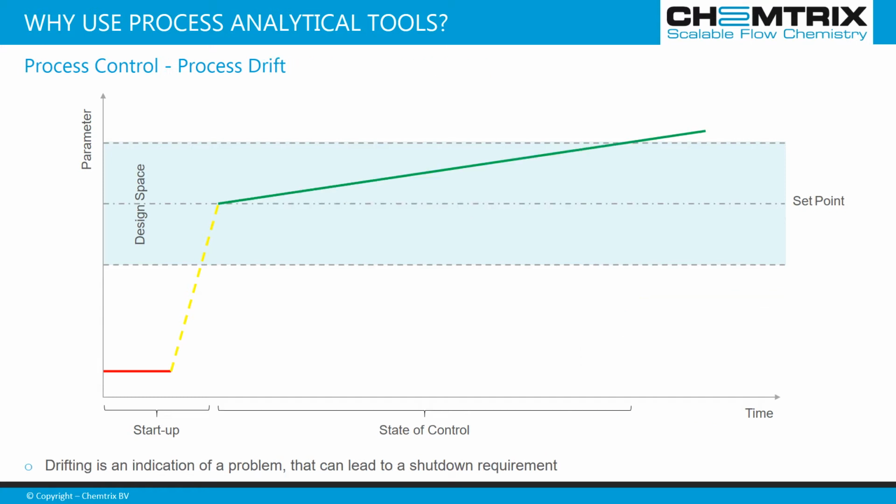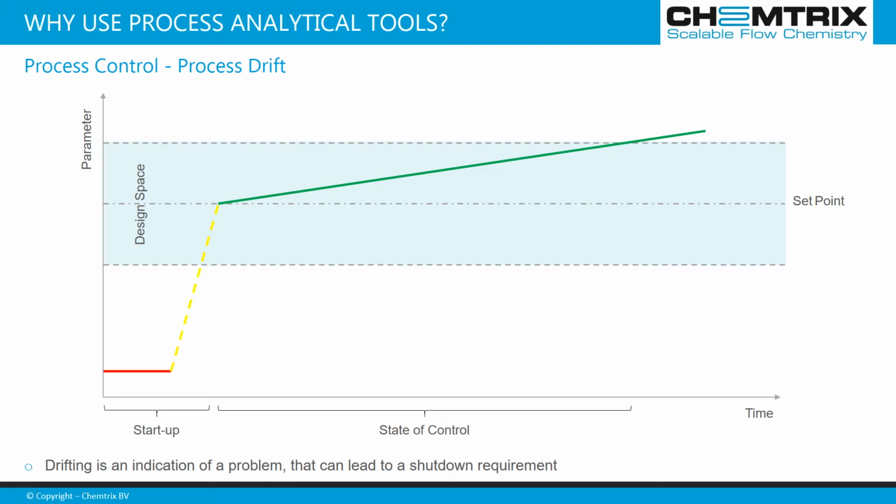In addition to a process disturbance, PAT can also give you insight into process drift. So what you can see here is for the bulk of the schematic we stay in a state of control and the material quality will be of the predetermined quality. However, clearly something's going on in this process that's leading to the gradual increase in the signal.